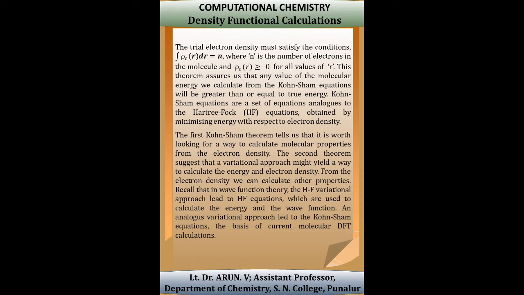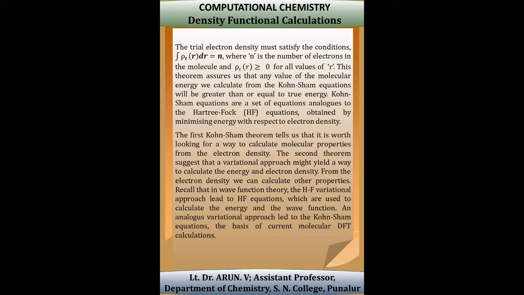This theorem assures us that any value of the molecular energy we can calculate from the Kohn-Sham equations will be greater than or equal to the true energy. Kohn-Sham equations are a set of equations analogous to the Hartree-Fock equations, obtained by minimizing the energy with respect to the electron density.